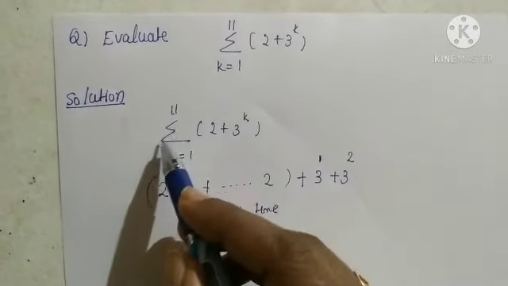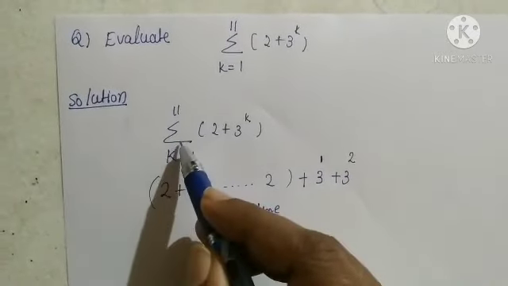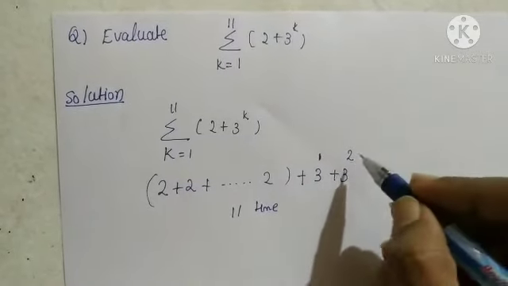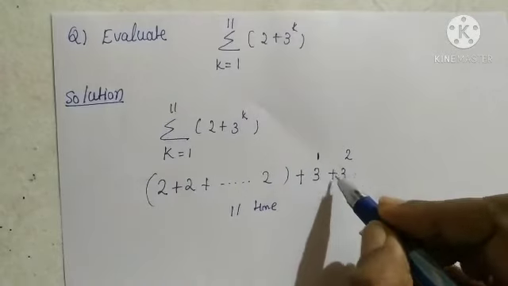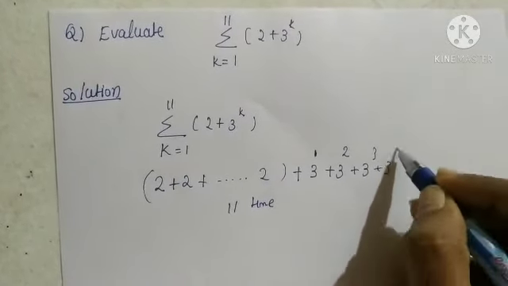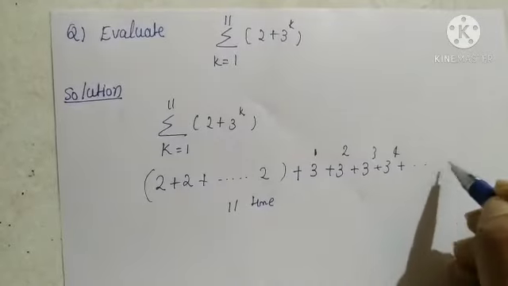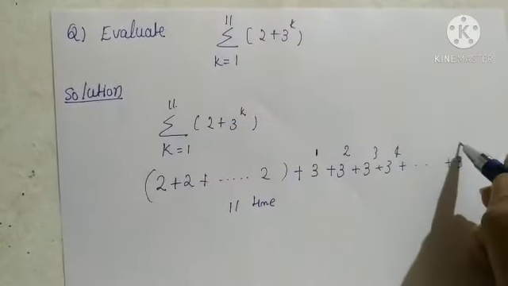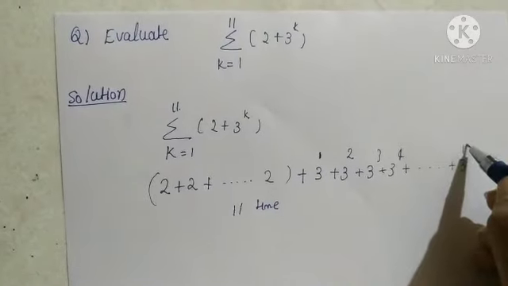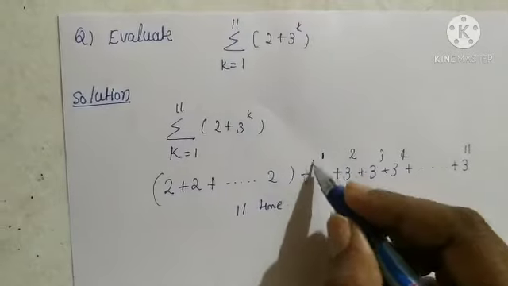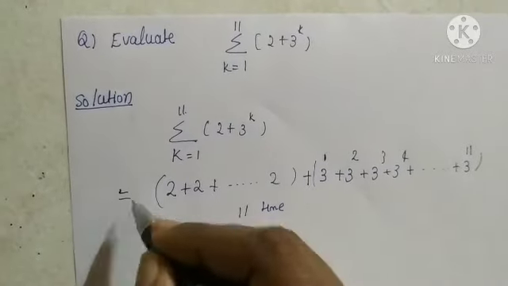This sign means summation, so adding these numbers, we get 3 raised to 1 plus 3 square plus 3 cube plus 3 raised to 4, plus up to the last number, which is 11. So substituting 11 for k, we get 3 raised to 11 here.